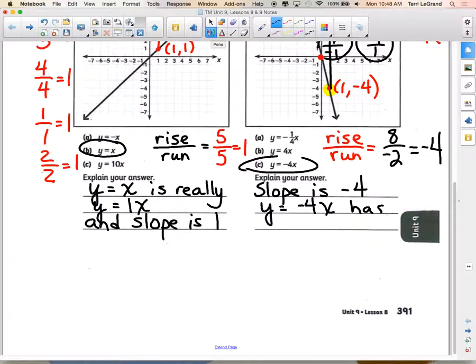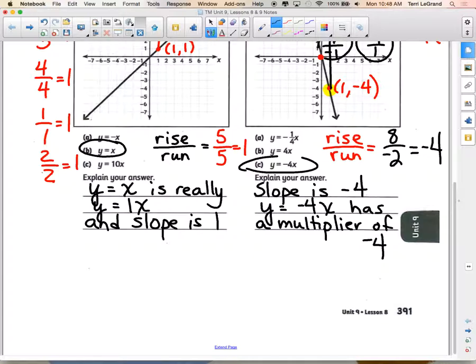Has a multiplier negative 4. Questions? Okay, I want us to, let's see.